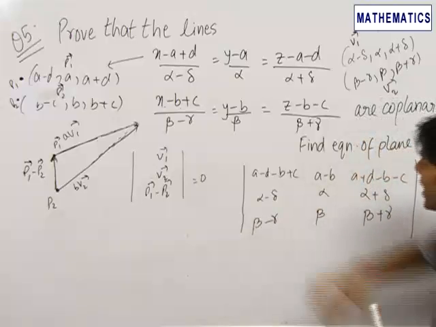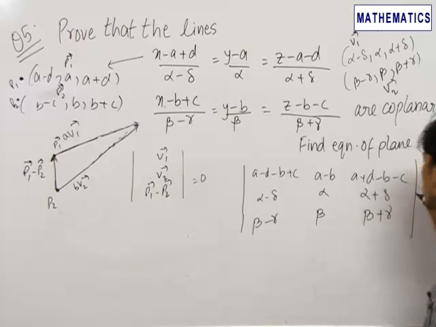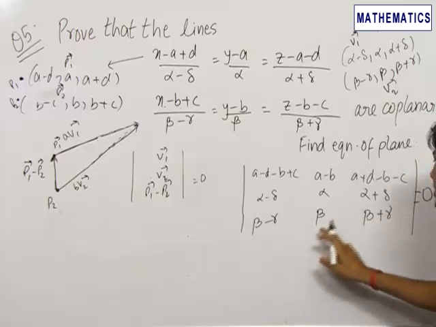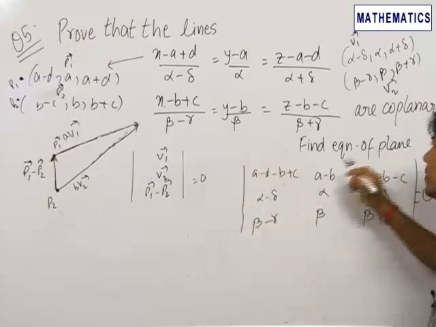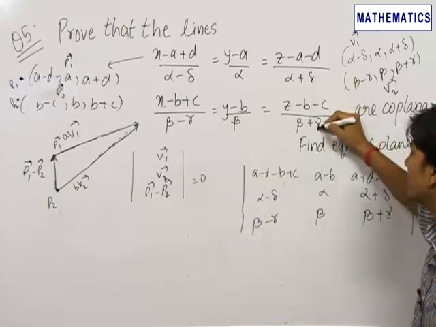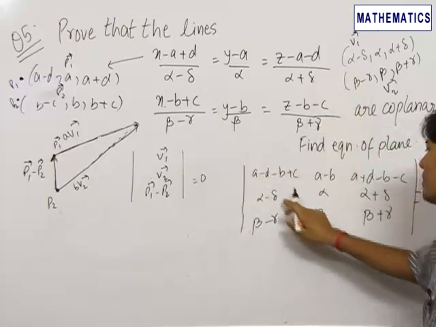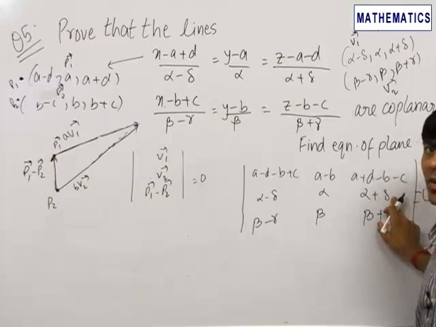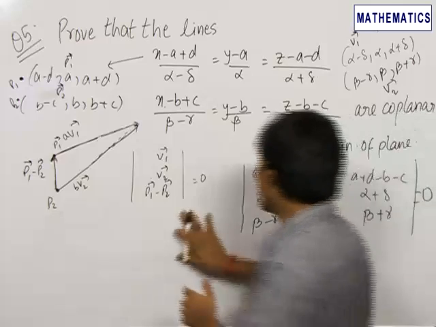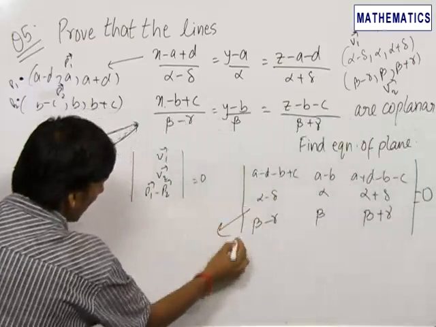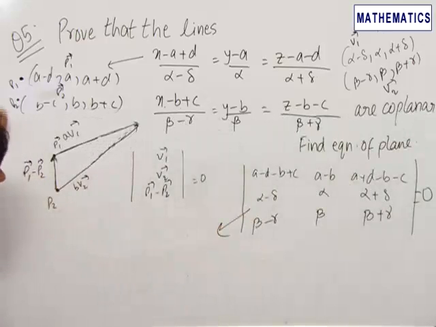Now we see that if these two lines are parallel, then also the result has been incorporated into this single determinant, because if these two are parallel, this row will be a multiple of this row and the determinant will be 0. So in that case also we get the result. Therefore applying this is sufficient.